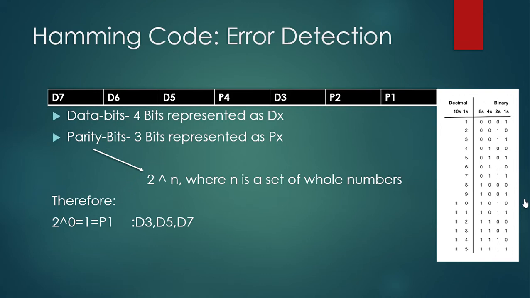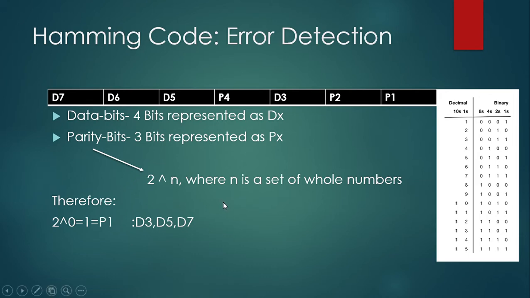That is 1 1 1 1: the third place, fifth place, seventh place. Hence we take the data bits D3, D5, D7, find their even parity, and put it in the place of P1. I think you understood this.